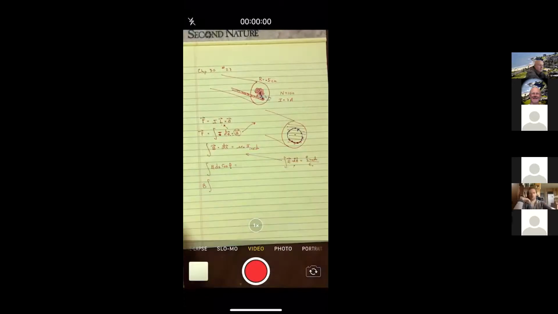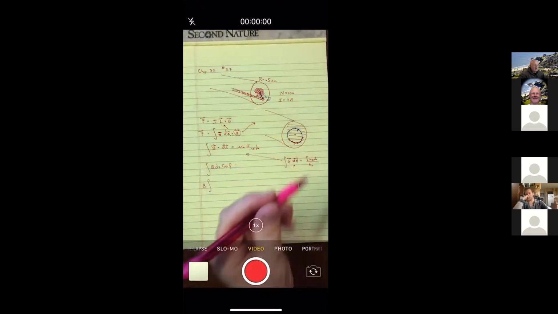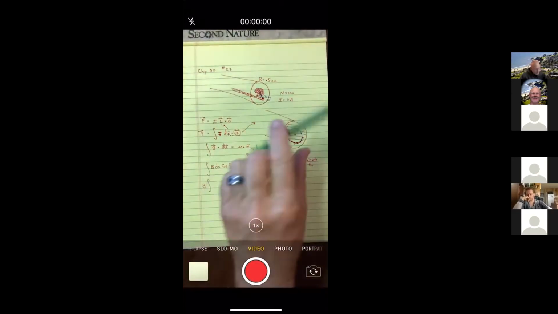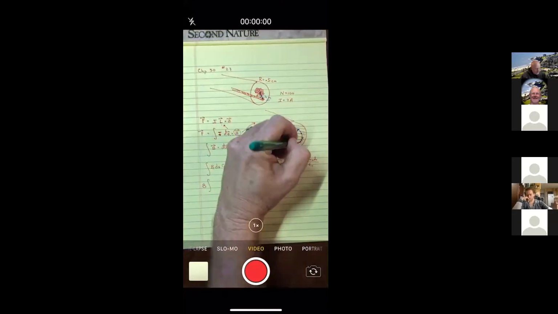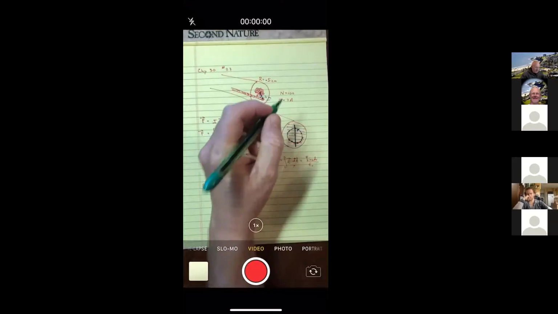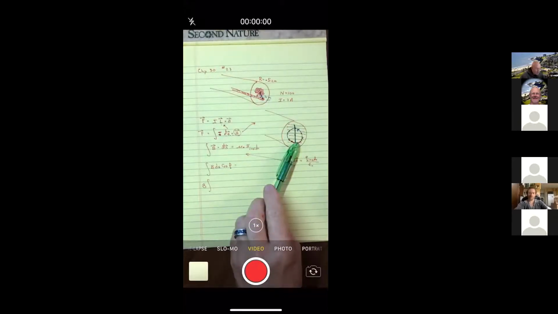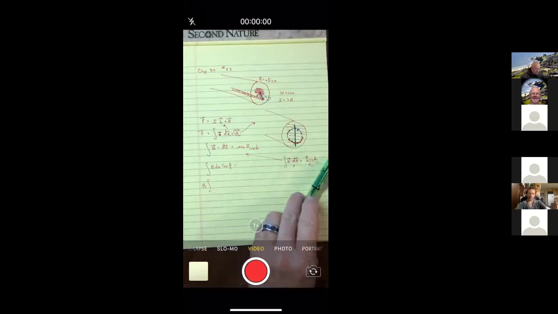Maybe I'll use a different color and draw. Well, that's kind of too close to red. Maybe I'll draw a line of symmetry. But if you flipped this whole thing, you would get current going in the opposite direction.